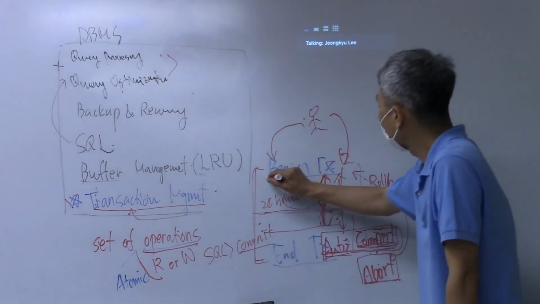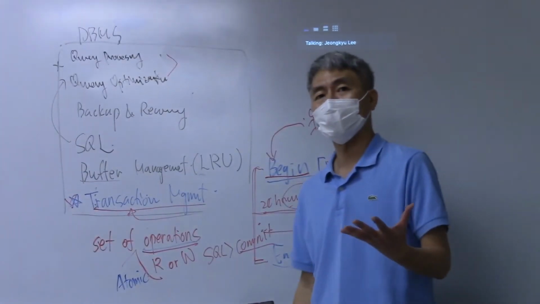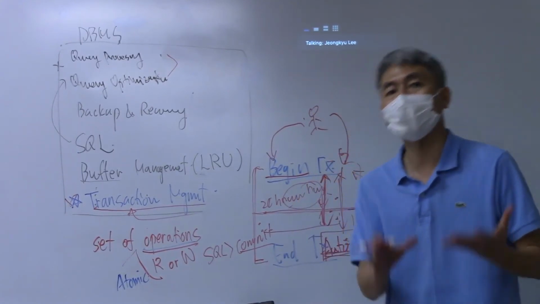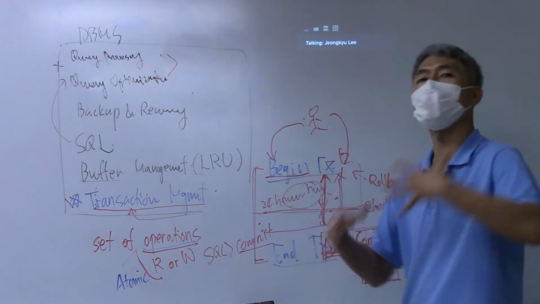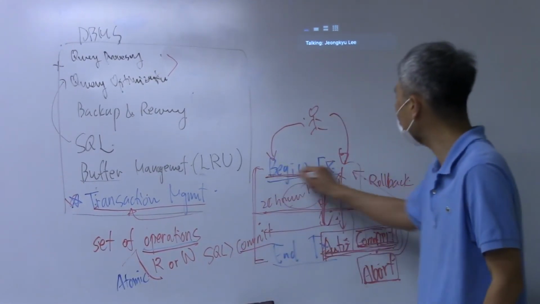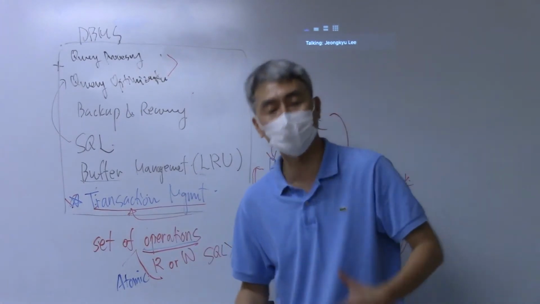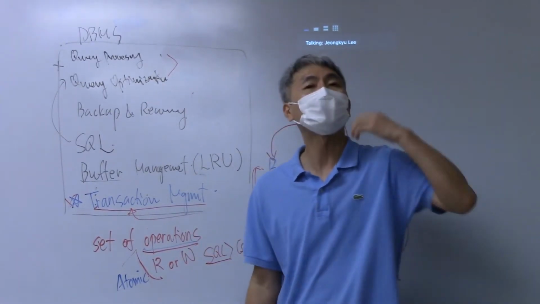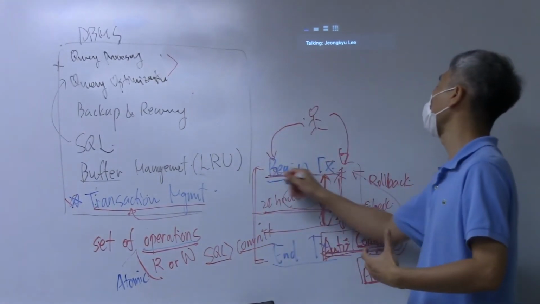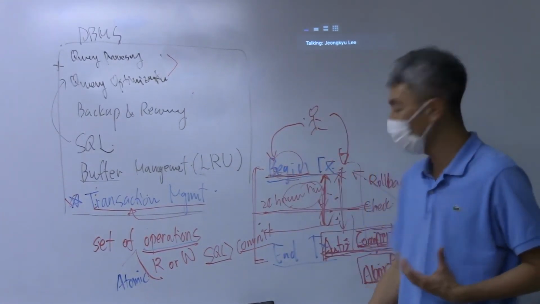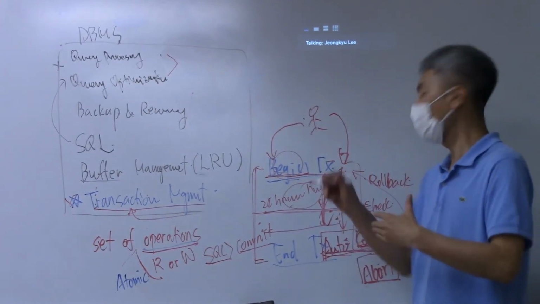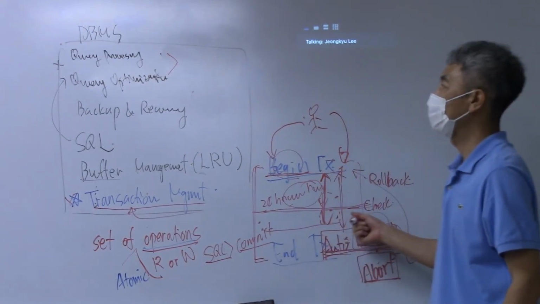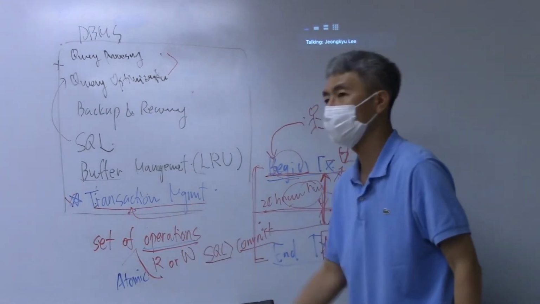Also, I never use begin transaction, because many database programs and SQL support automatically starting the transaction. When you start your database program, MySQL, they automatically start the begin transaction. Also, if you commit, then it is automatically followed by beginning another transaction. Like that. So this is the transaction management.